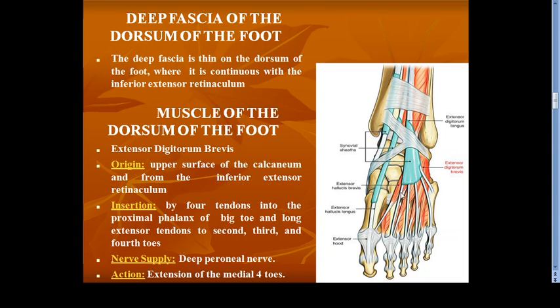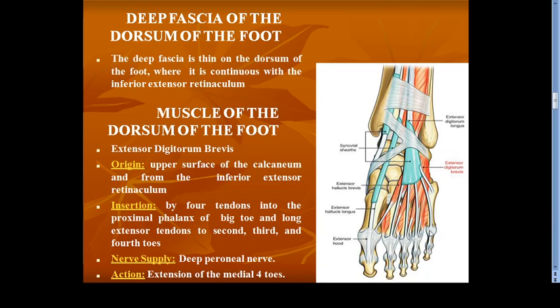What happens to this muscle is it divides into 4 tendons, right? You can see over here it divides into 4 tendons and it is getting inserted onto the proximal phalanx of the medial 4 toes. The first one is going towards the proximal phalanx of your big toe, then towards the second toe, third toe and fourth toe.